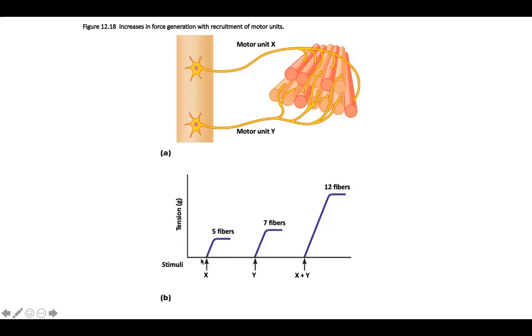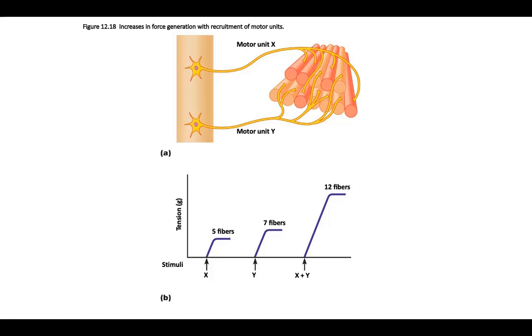Okay, if I wanted to lift a heavier object, like a water bottle, for example, I would need to recruit or call on some additional motor units and their additional associated fibers. So I would recruit motor unit Y. It's got more fibers associated with it. It's going to help bring about more cross-bridge cycling.